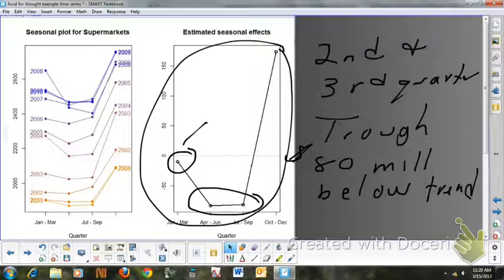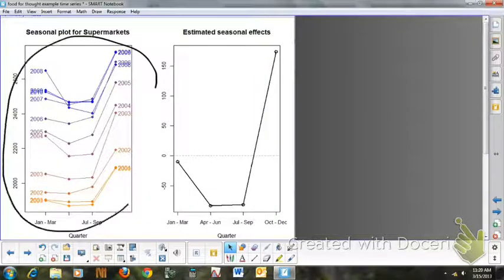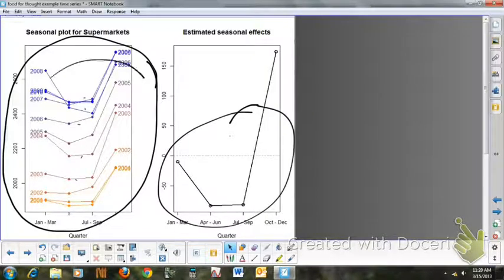Okay, and then the second thing you have to talk about in seasonality is if the actual years, which is this graph over here, are actually following this pattern pretty closely. Now there's going to be a little bit of variation, but overall, is this consistent data, or is there a lot of variation between what's going on in here and what's going on here and here?